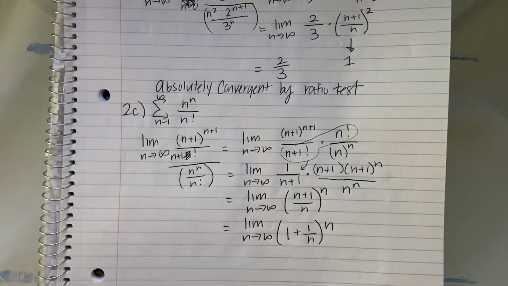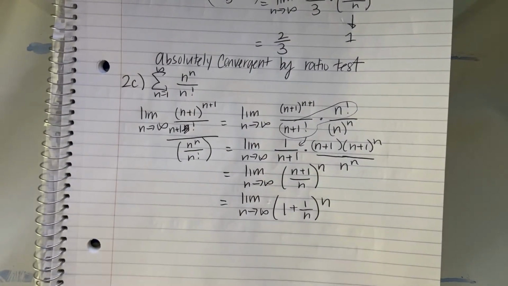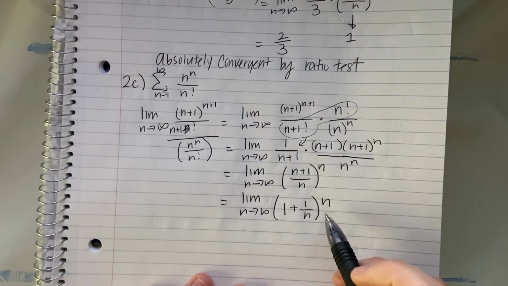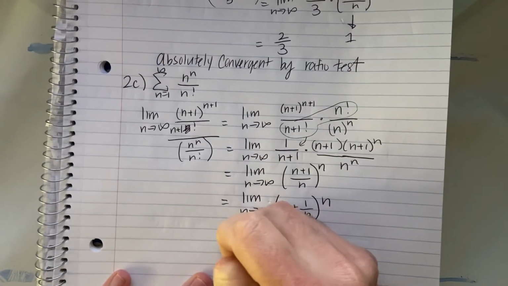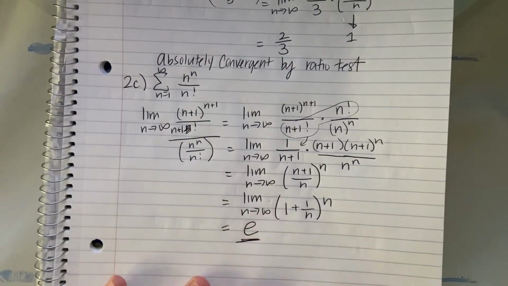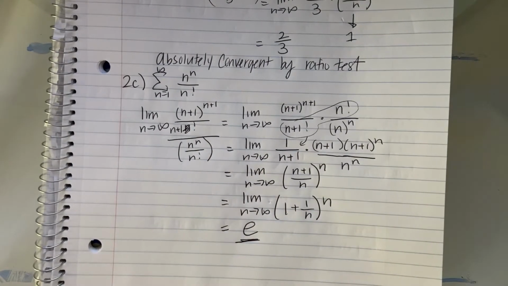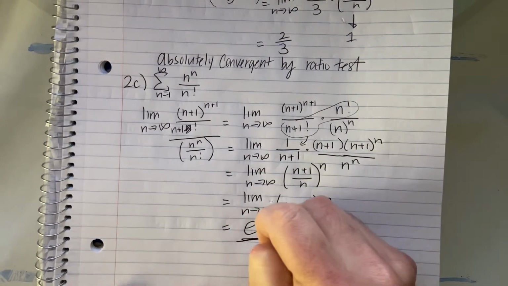We haven't talked about this much, but we solved this earlier using ln, like e and ln, but this is actually e. This is where e comes from. It's the limit of basically constant growth. So this is actually e, which is of course greater than 1.